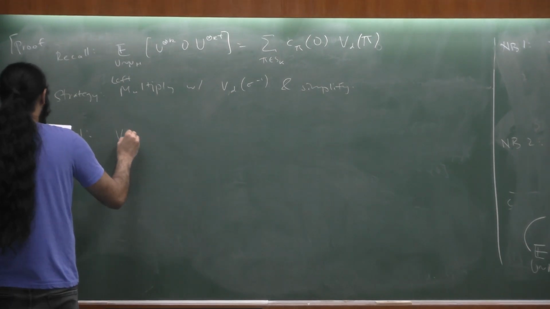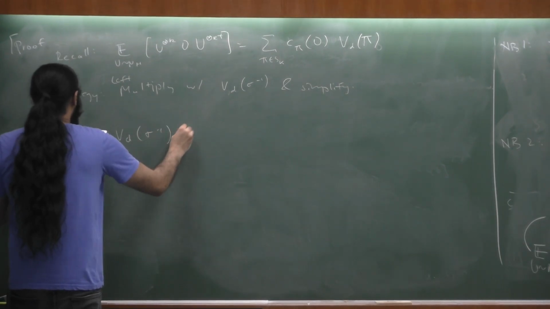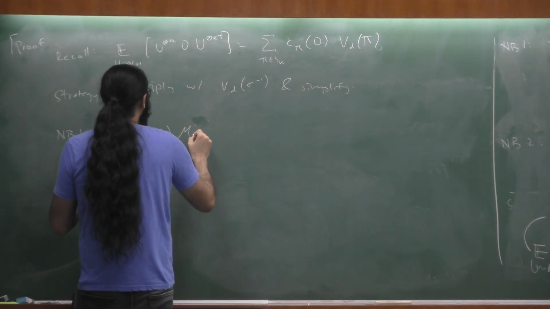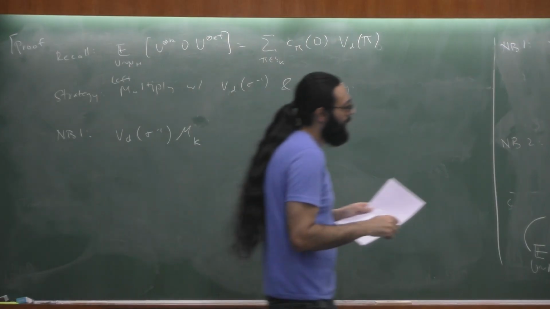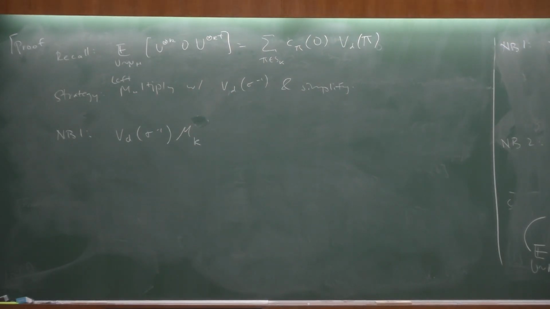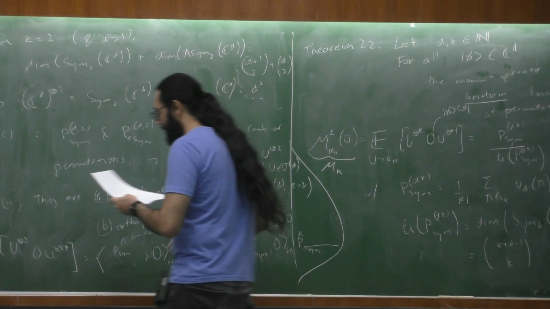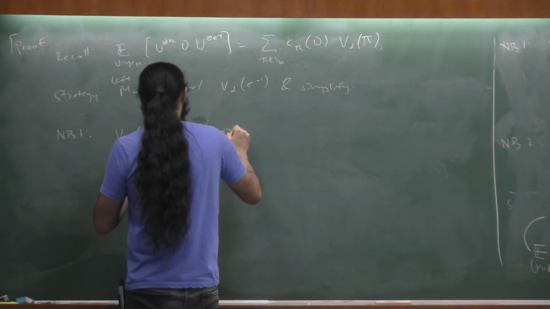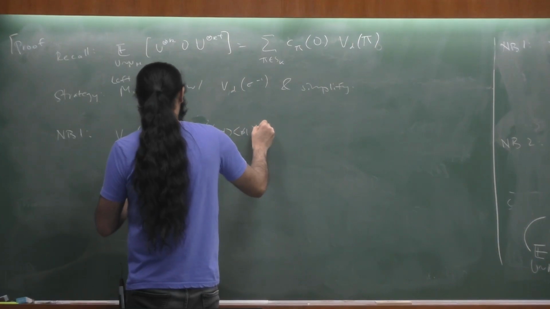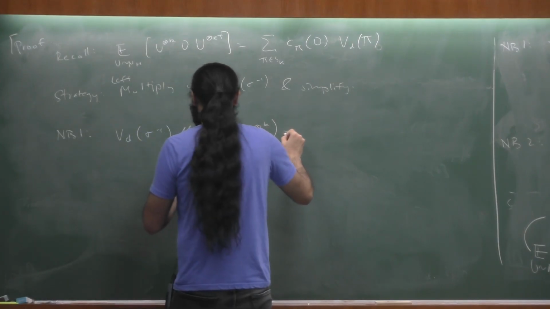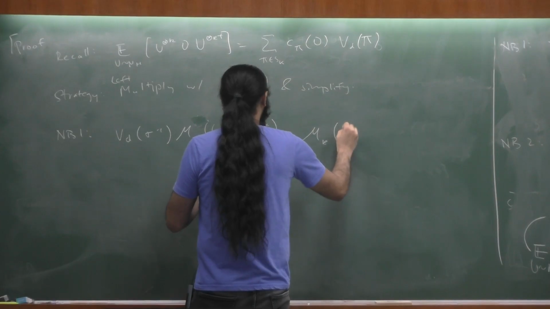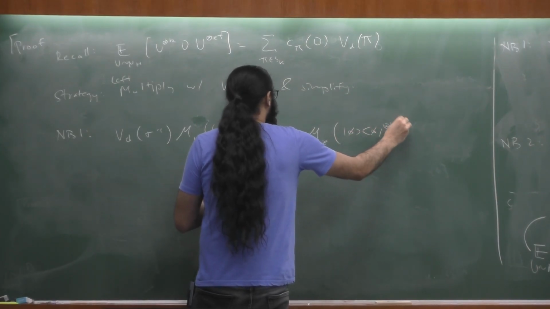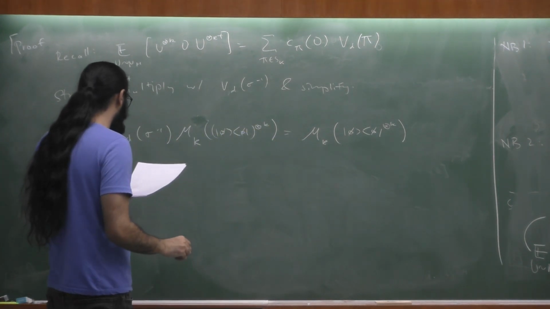So first observe that V_d(sigma inverse) M_k, I'll just write M sub k for this object, M_k acting on phi tensor k is V_d(sigma inverse) M_k phi tensor k.